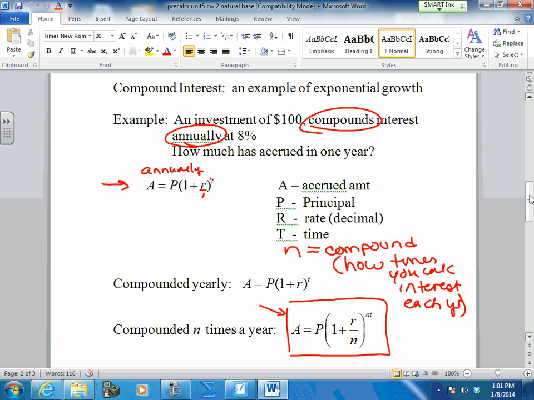So let's just talk about investing money for a minute and where this interest comes from. So say over the Christmas or Hanukkah, Kwanzaa break, whatever you celebrated, your grandparents are giving you a gift. So your grandma gives you $100. That's a nice grandma.